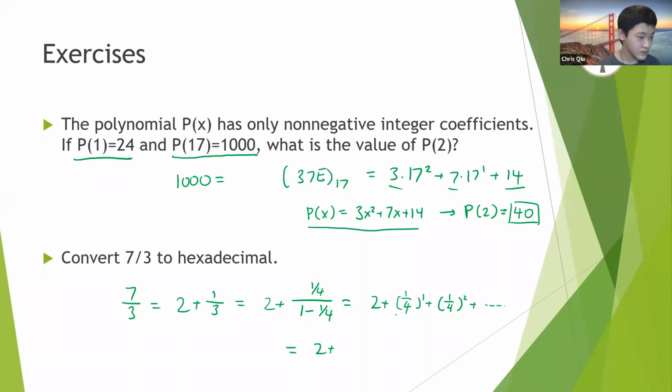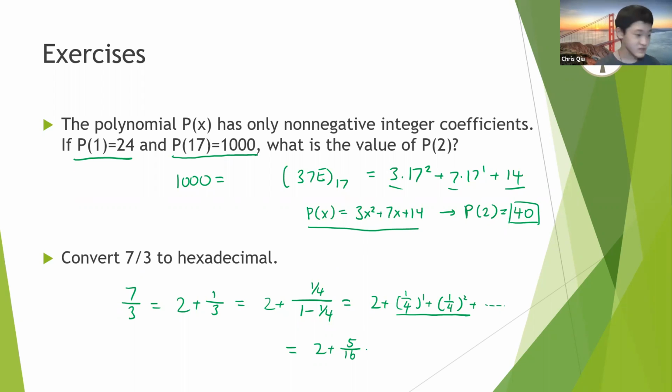We can pair up adjacent terms in this infinite series. We take 2 plus 4/16 plus 1/16, so this gives us 5/16.